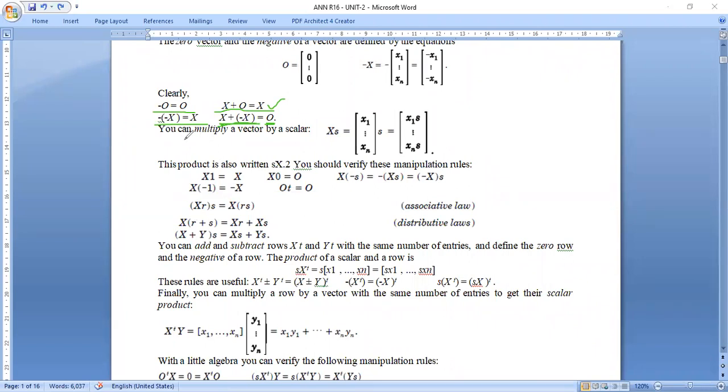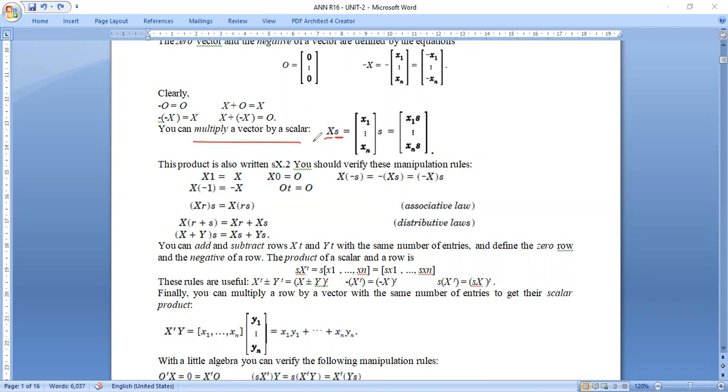Next, if you want to multiply a vector by a scalar, you can perform a vector multiplication with a scalar. Here x is one vector, s represents a scalar, x into s.